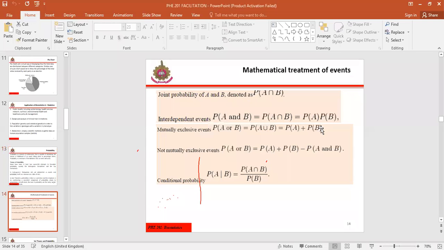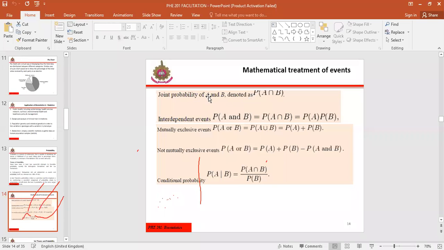Now, if you look at this mathematical treatment of events, you can see we have joint probability, we have interdependent events, we have mutually exclusive events, we have not mutually exclusive events, we have conditional probability. For each of them, they have their mathematical relationship.